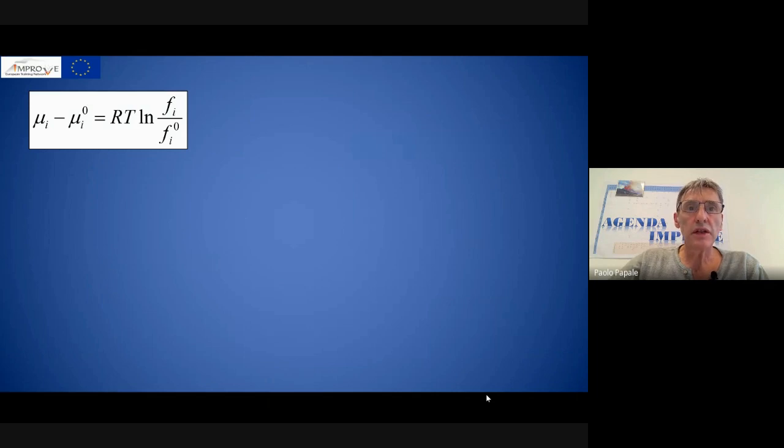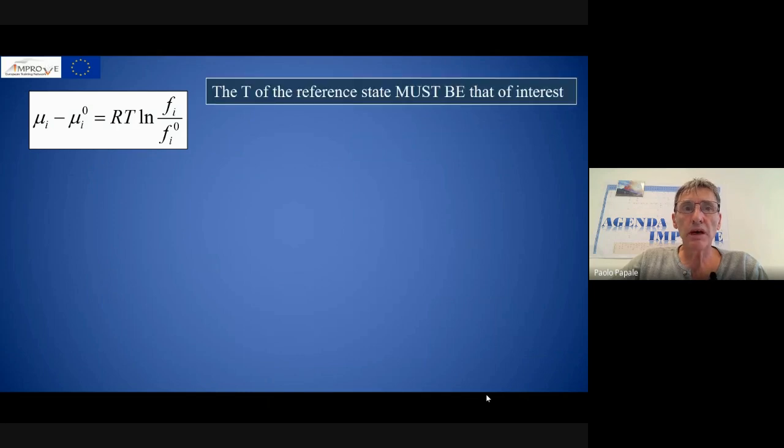Here is again the Lewis extension that I have introduced in the previous slides. And once again, keep in mind the important concept that the temperature of the reference state must be the same as that of the system for which we want to make calculations. I will repeat this many times, and this is something that must be definitely kept in mind. That comes directly from the way the relationship in this slide has been obtained, that is, integration along a constant temperature path.